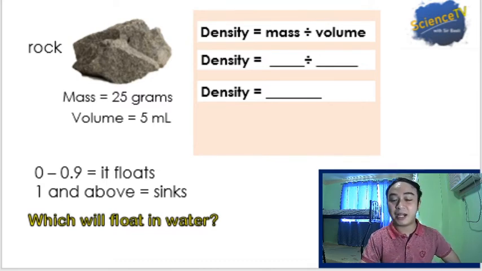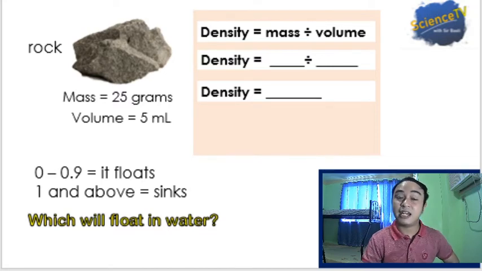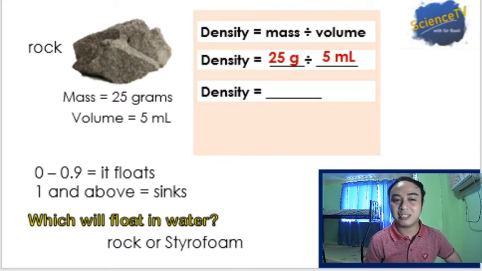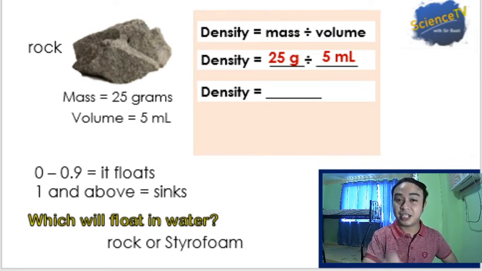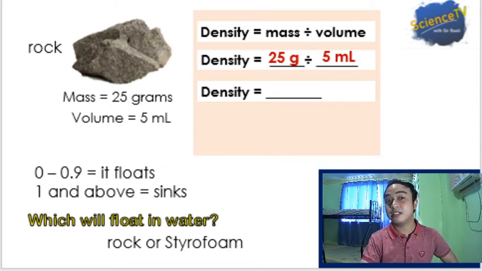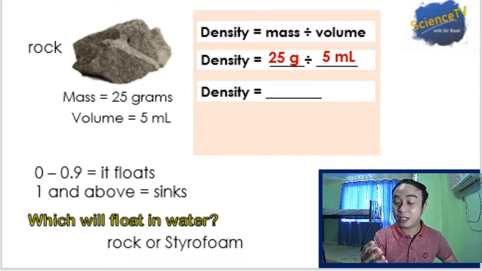So what is our mass? It is 25 grams and our volume is 5 ml. So just reflect there. Density is equal to 25 grams divided by 5 ml. That's it. Now for the density, third step, 25 divided by 5. What is 25 divided by 5? It is 5, 10, 15, 20, 25.